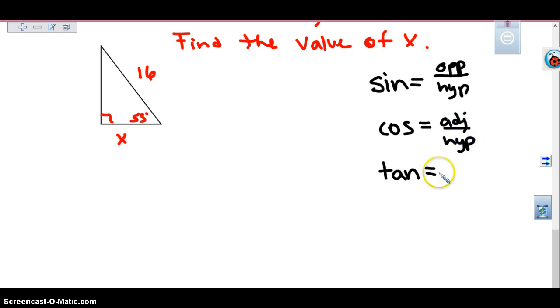And tangent is equal to the opposite over the adjacent. So if we look at the angle that's given to us with a degree, right here, in this case 55 degrees, right? In relation to the 55-degree angle, what is given to us?